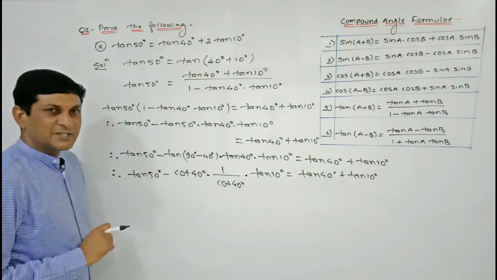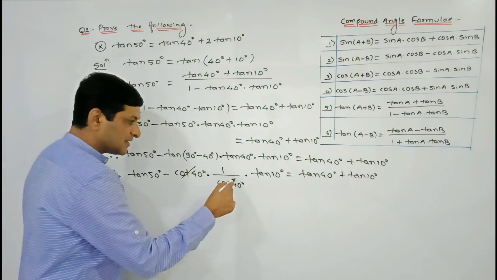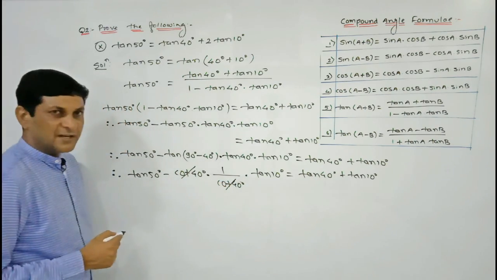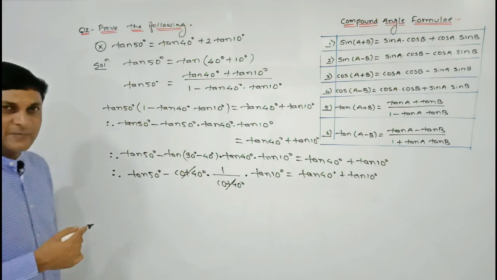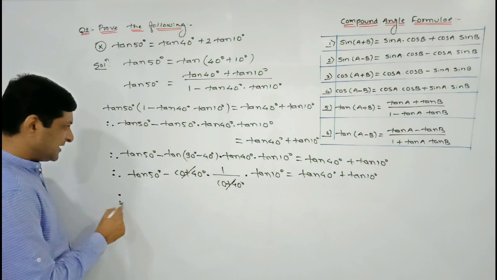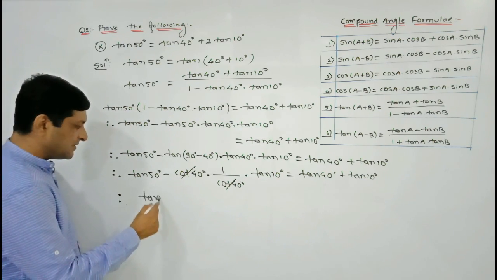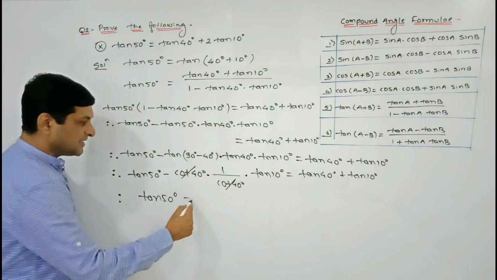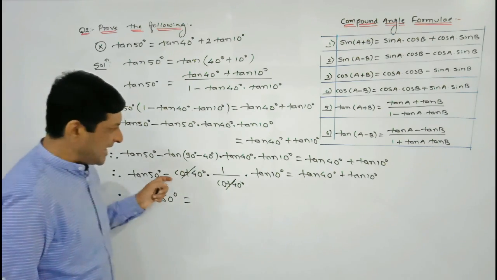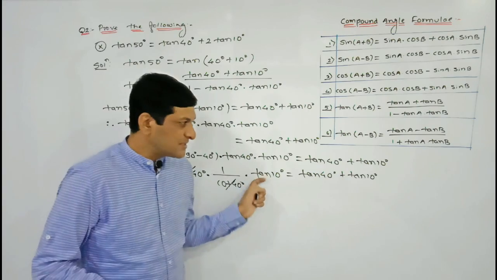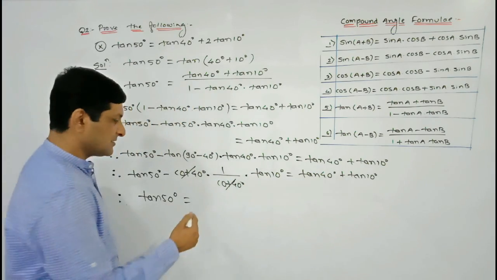Now here we can easily observe that tan 40 and cot 40 degrees from numerator and denominator will get cancelled. So what is the remaining first term here? Tan 50 degrees is equal to, what is the remaining term here? Minus tan 10, and minus tan 10 on this side will become plus tan 10.